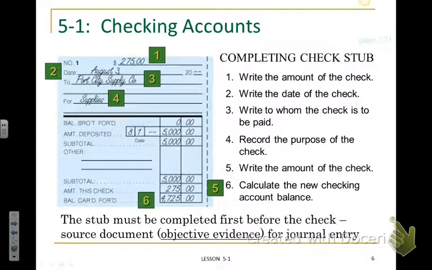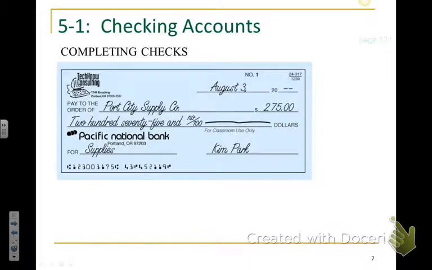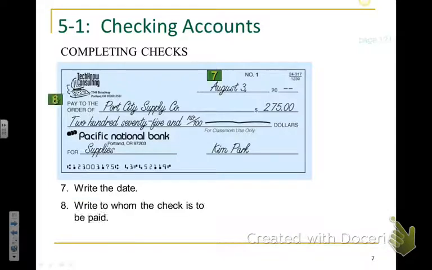The next part of this is going to be to actually write the check itself. So when we write the check, the steps in the check writing process include, now we're going to write the date. Again, that should be matching the date on the check stub. We're going to write the name of who we're paying it to, paying to the order of Port City Supply for $275.